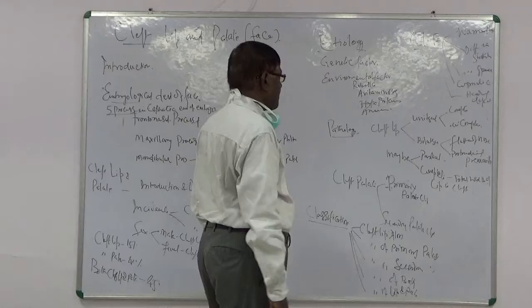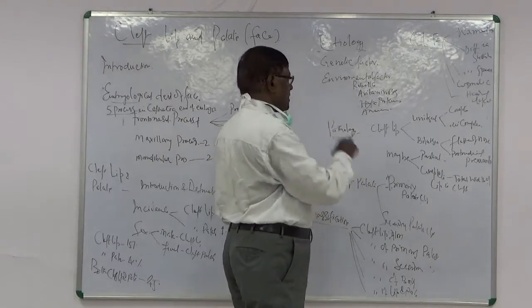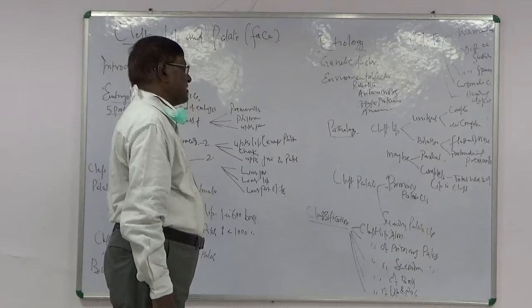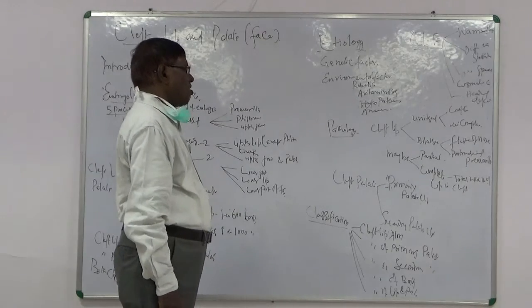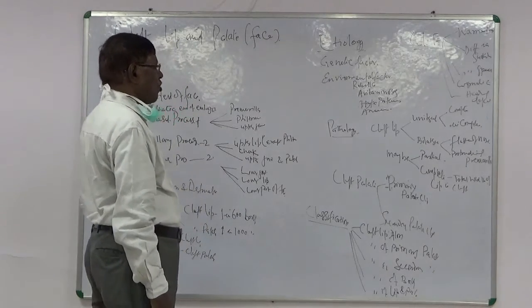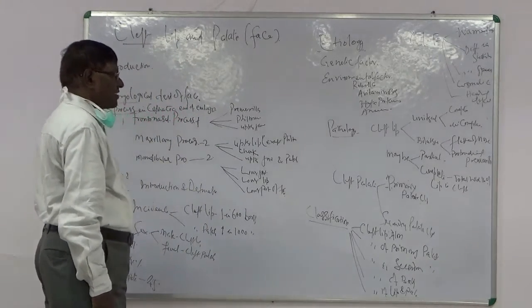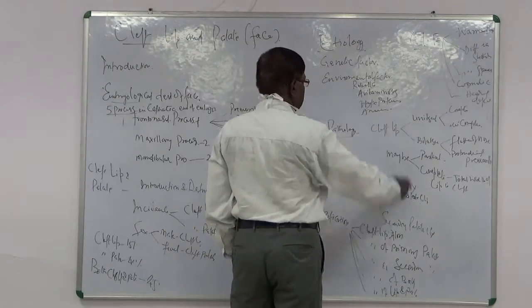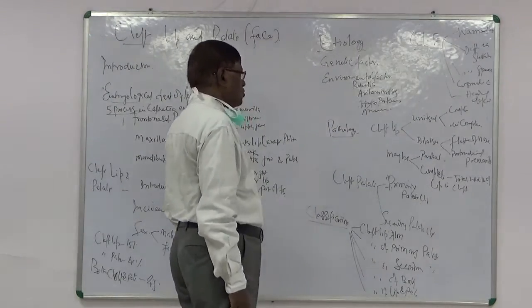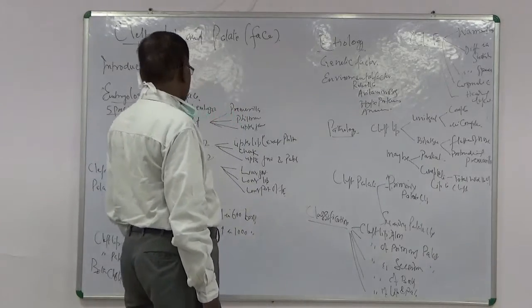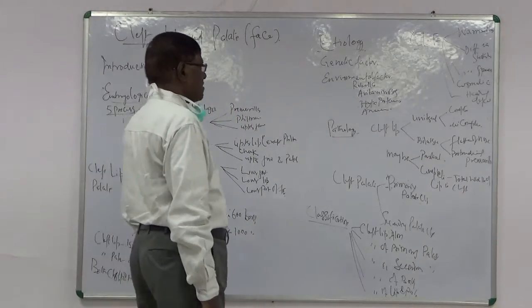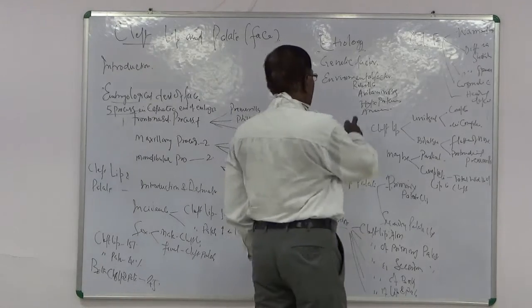Another is hypoproteinemia, that is when the protein level in the blood is less than normal in the pregnant mother, because the pregnant mother requires more and more proteins. If protein is not taken in the proper amount, then hypoproteinemia occurs, and this is also supposed to be a factor for cleft lip and cleft palate. Anemia is another factor, and also some drugs.